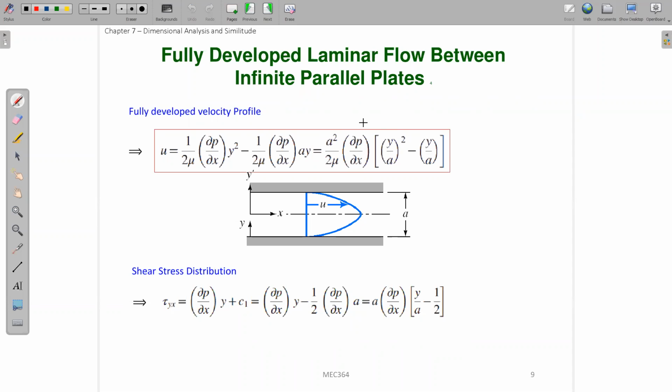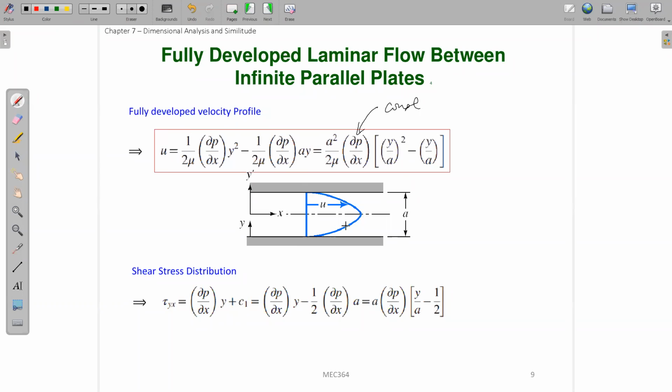Remember, this is a constant. Times y over a squared minus y over a. So this is what the velocity profile looks like, given by this equation. And we can see that this equation is a parabolic equation.